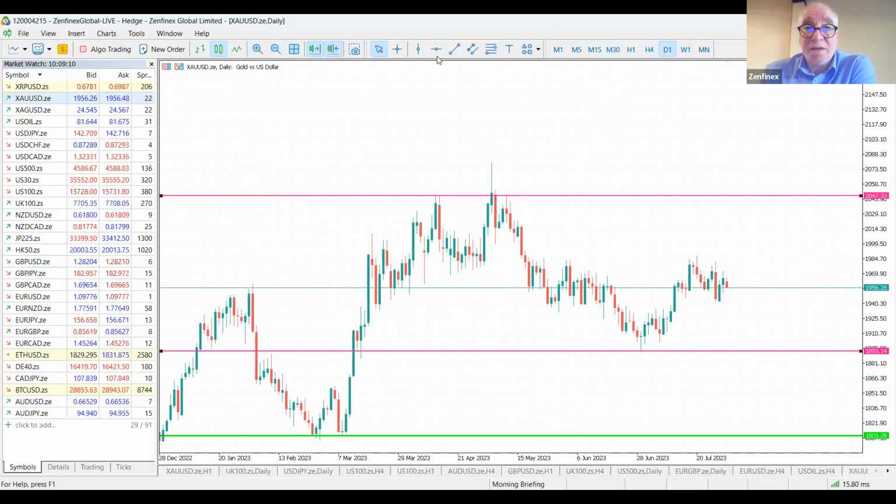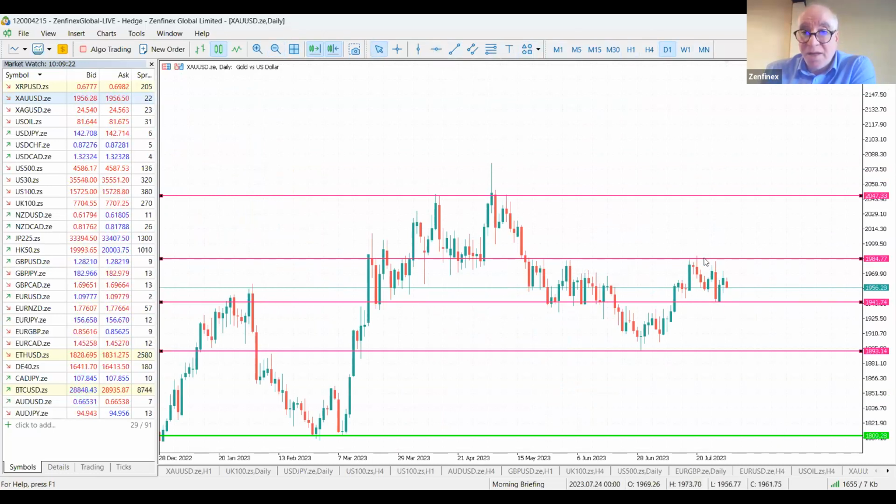So I'm looking at the daily now, and I'm going to start plotting in my daily support and resistance lines. From a daily perspective, in the last few days we hit this resistance, which we had marked out on our previous charts, bounced off it, came back down to a level of support, which is where we are now.